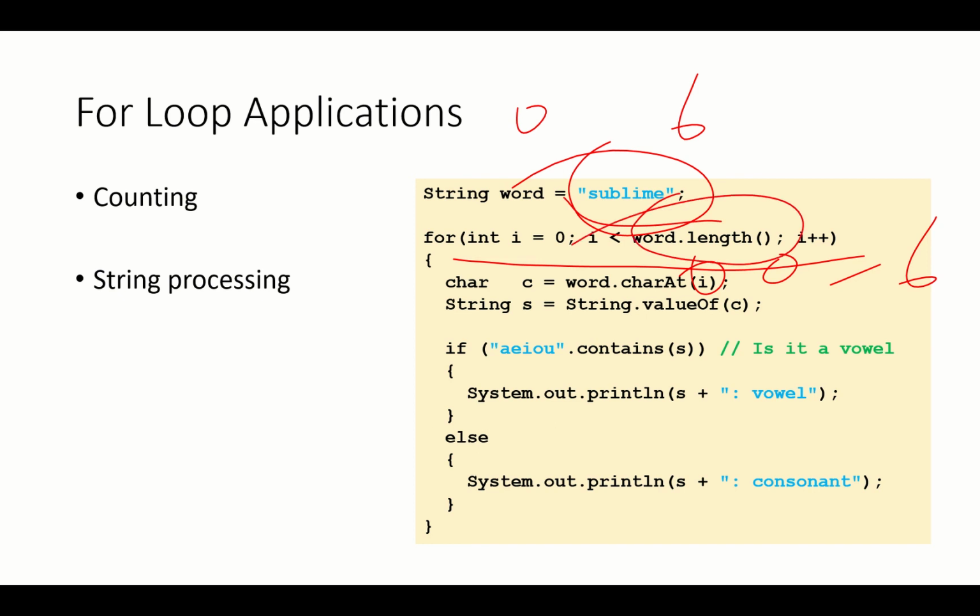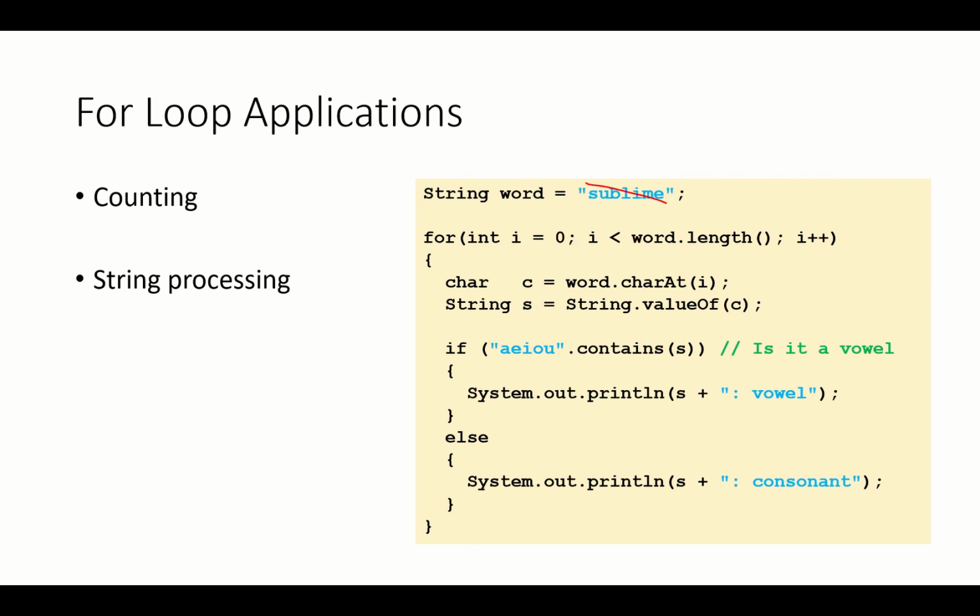And in here, the word.length will dynamically change. Why? If I change the word, I just go to "sub". So this value will be changed to 3, right?